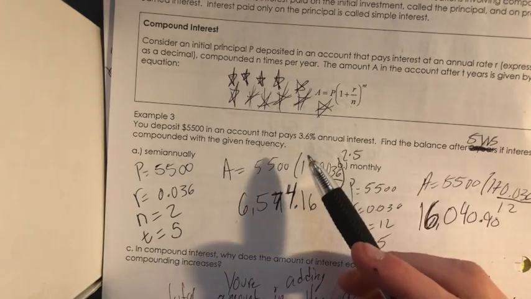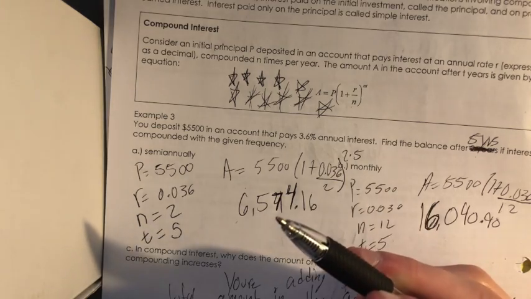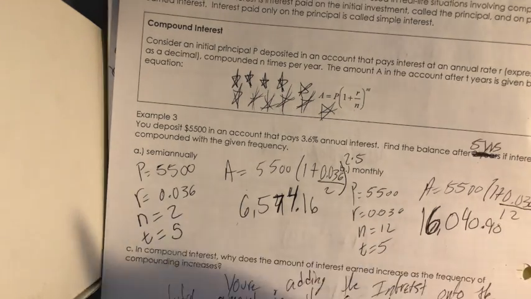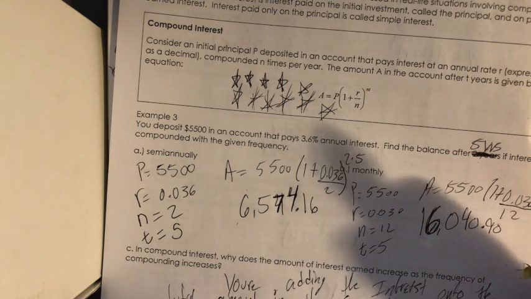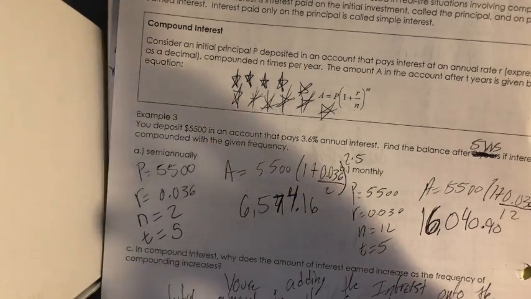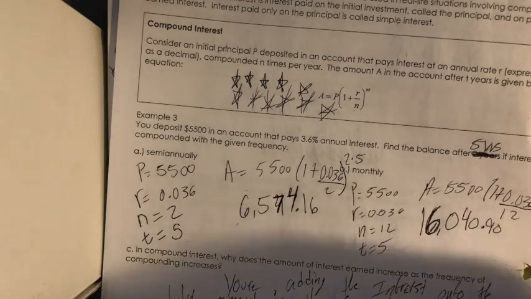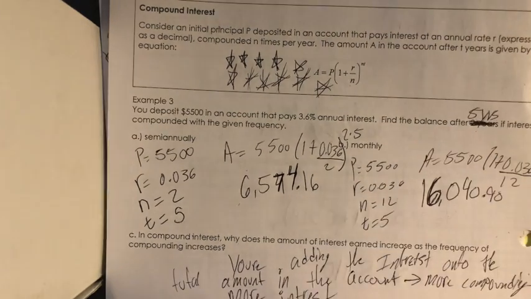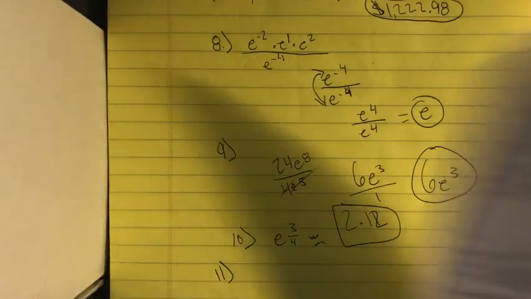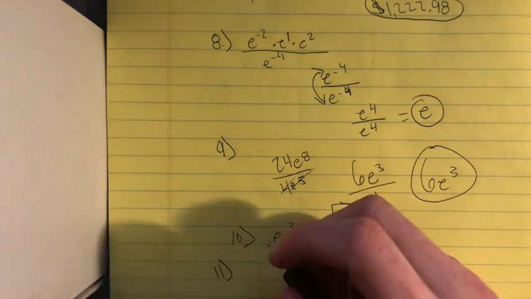R is the rate, so in our case 2.5%, and N is the number of times compounded, if it's semi-annually or annually. Ours is annually, so it'll be 1. And then T is the number of years, so 7. So let's plug all that in for number 12.